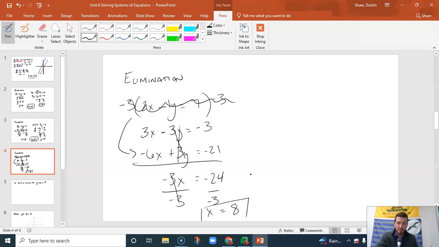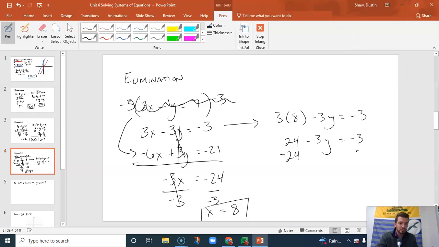And now I just need to plug it back in. So I'm going to go up to this equation up here, this one right here. I'm going to plug that 8 in for x. So 3 times 8 minus 3y equals negative 3. 3 times 8 is 24. Minus 3y equals negative 3.